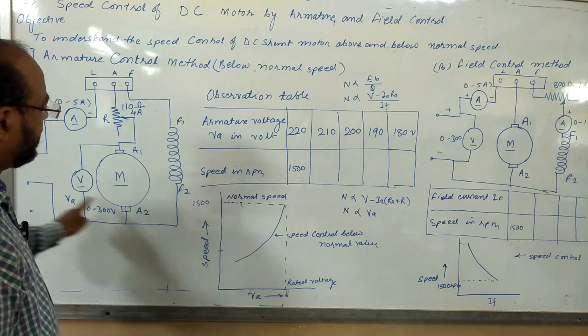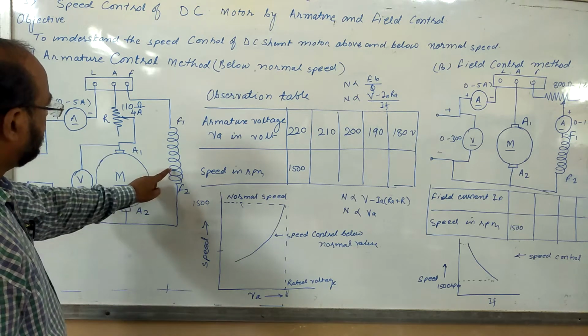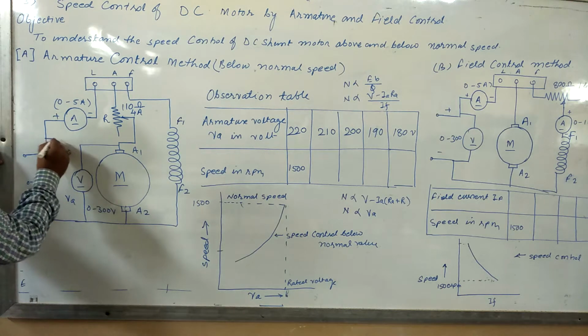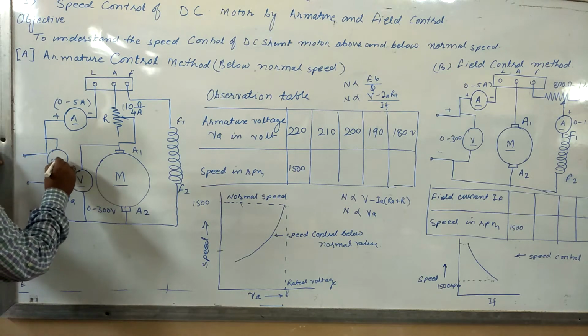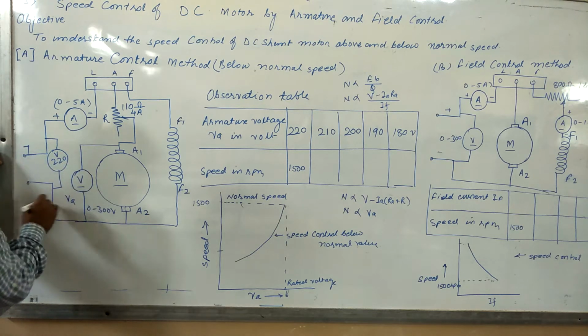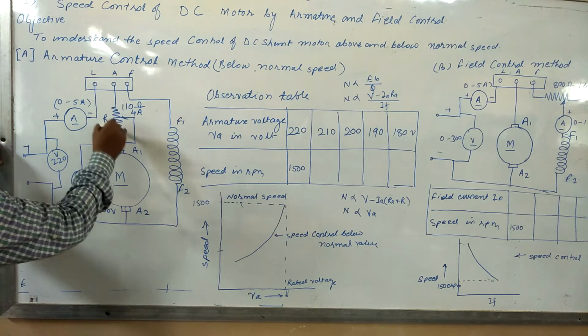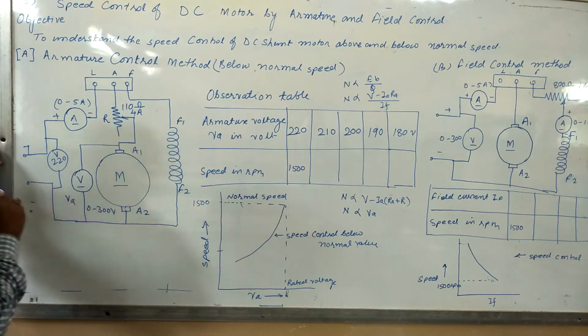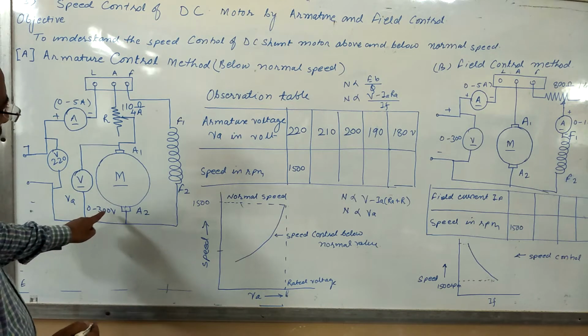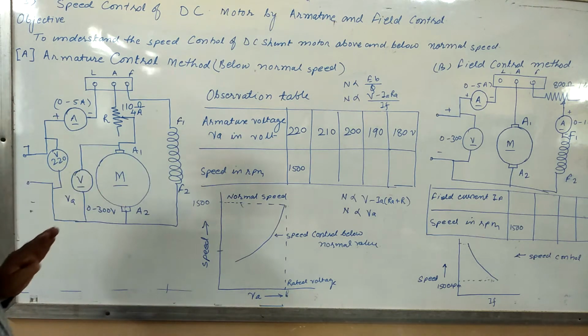There is no resistance at all. It is a constant current, the rated value, and we will apply the rated voltage here. It is 230 or 220 volt, and with the help of this we are going to change the variable resistance. Now we are able to change the voltage across the armature. So if the voltage across the armature decreases, definitely the speed of the motor decreases.